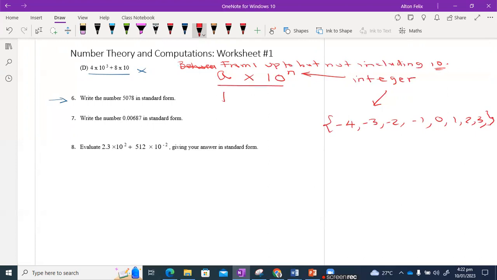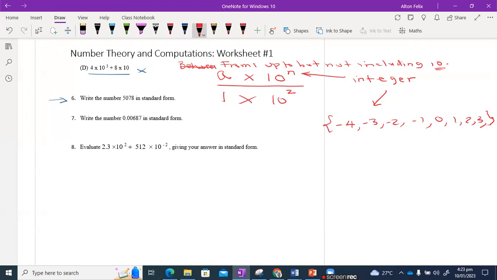We need to write it in this format. An example, if you are using 1, would be like 1 by 10 square. That's an example of standard form.